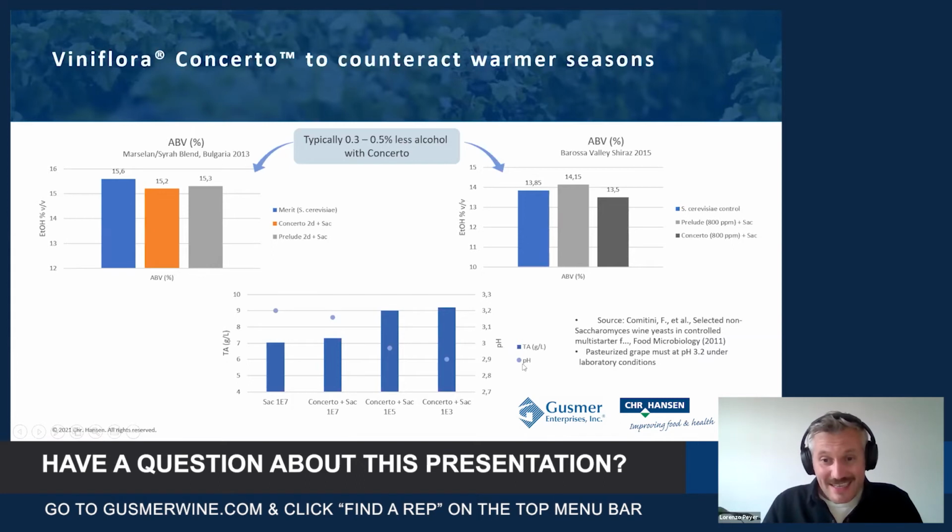Again, as David mentioned before, because Concerto and Lachancea thermotolerans release an acid, that means that you're going to touch the total acidity and at the same time the pH of your wine.